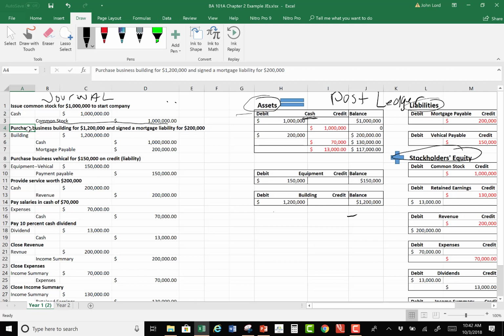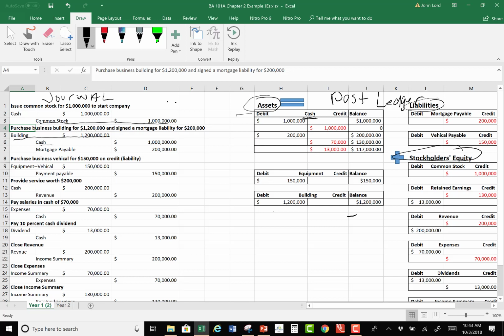So what happens? We're getting the building, but the building is worth $1.2 million. That was the cost when we bought it, right? So we go ahead and we debit building. Is a building an asset? To increase it, we debit it. How do we know we're debiting this? Because we wrote the debit to the left, didn't we? And we credit what?